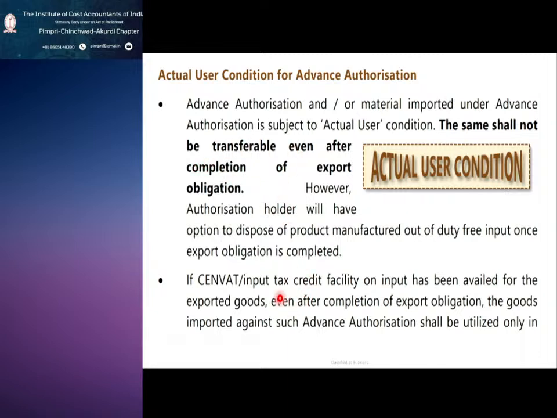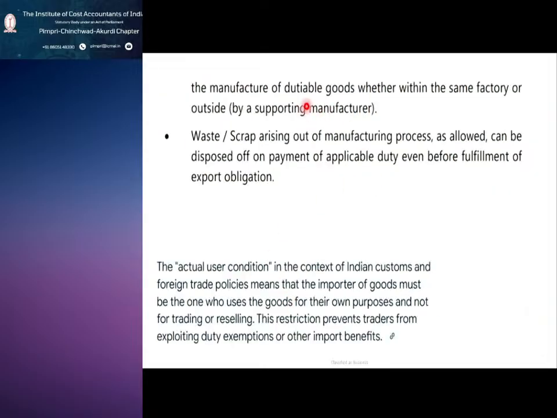If you are availing the ITC benefit, you still have to manufacture the dutiable goods within the same factory or outside with the help of a supporting manufacturer. If there is any waste or scrap, then before the export obligation you need to submit the details or pay the duty.